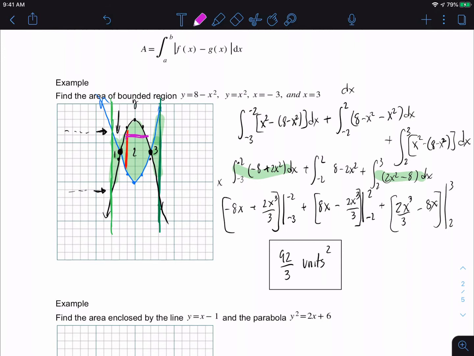So when you do the height of the function, top function minus bottom function, in that case, wouldn't you get 8 minus x squared minus 8 minus x squared? And what does that end up becoming? That ends up being problematic, right? Because we end up with 0.